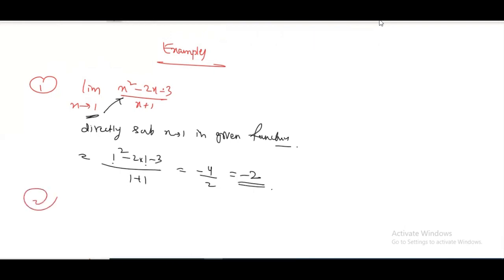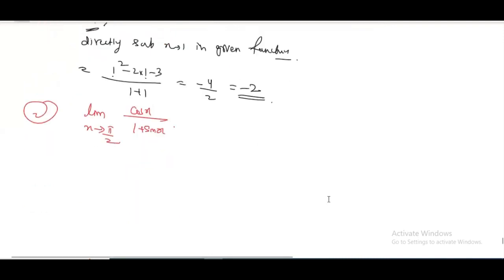Let's see question number 2: limit x tends to pi by 2 of cos x by 1 plus sin x. Let's substitute, as I told you, directly substitute the value first. So cos pi by 2 by 1 plus sin pi by 2.